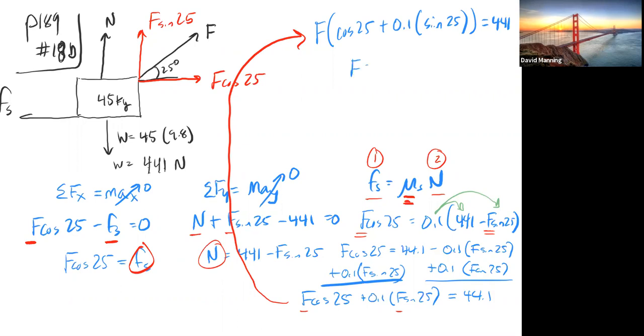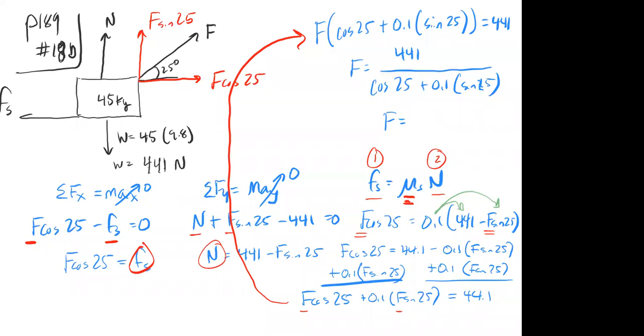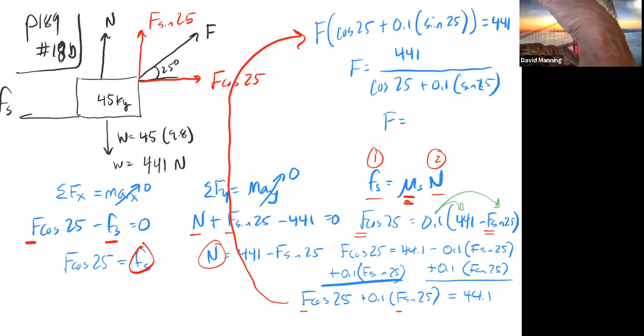So F equals 44.1 divided by the cosine of 25 plus 0.1 times the sine of 25. Is it 44.1 or is it 441? 44.1. Thanks. I lost that decimal when I moved it.